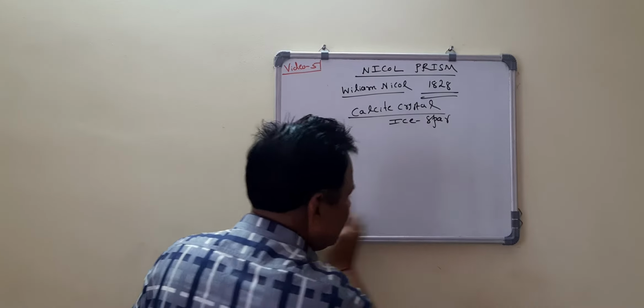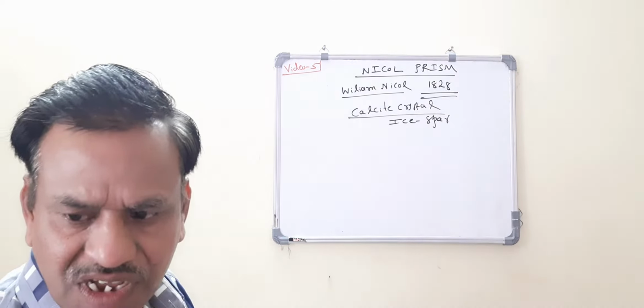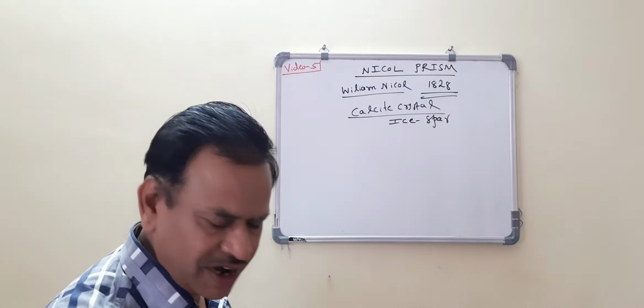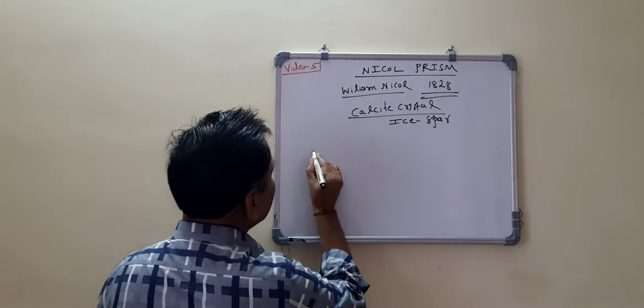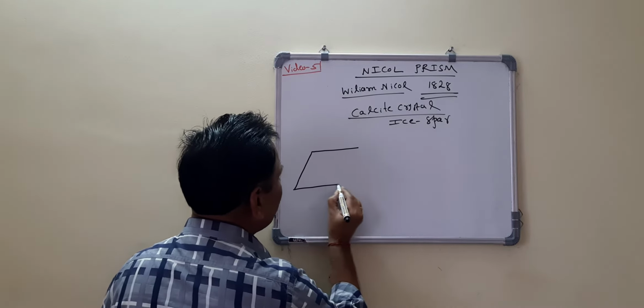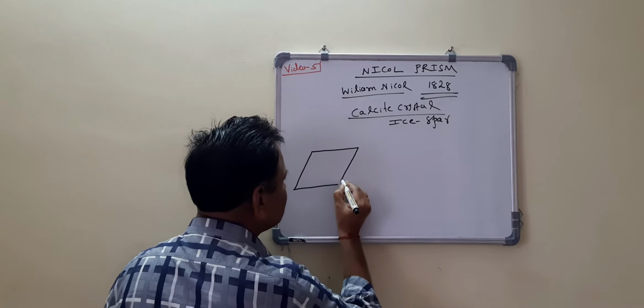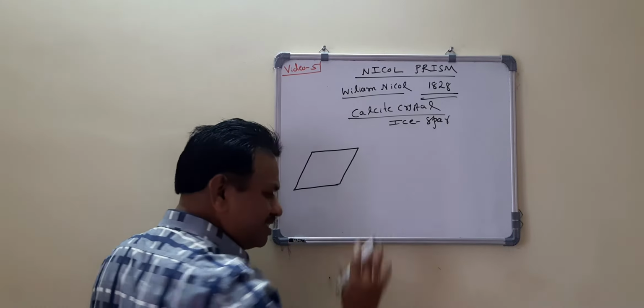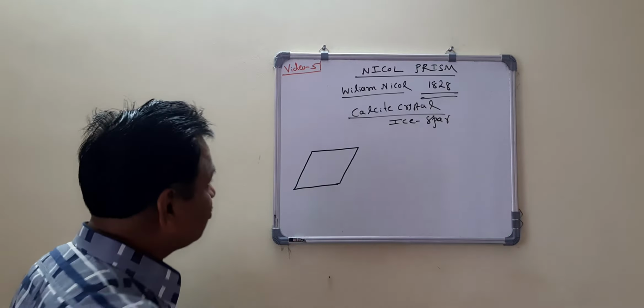See how I am constructing this. If you read the book directly, you will not understand anything. Now I am constructing a slope. Remember, the length is always about 3 times more than the breadth.